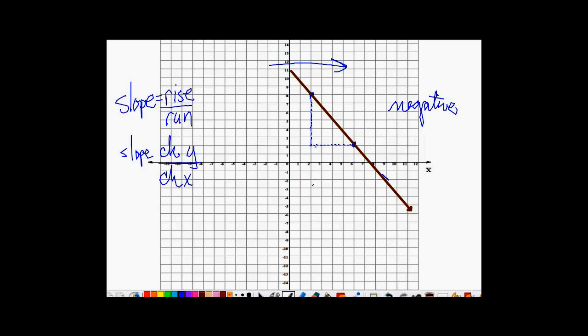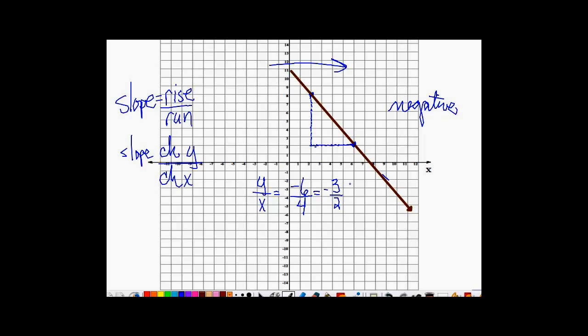So if I go down 6, my y over x, if I go down 6, that is negative, over, and I'm going to run 1, 2, 3, 4. And I went bigger on the x, so that is positive. So my slope is negative 3 over 2. And again, that fits with the picture because it is slanting down.